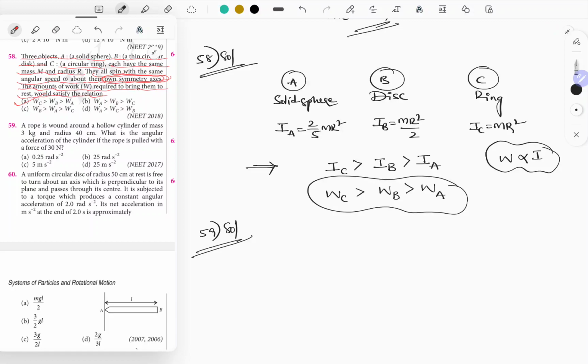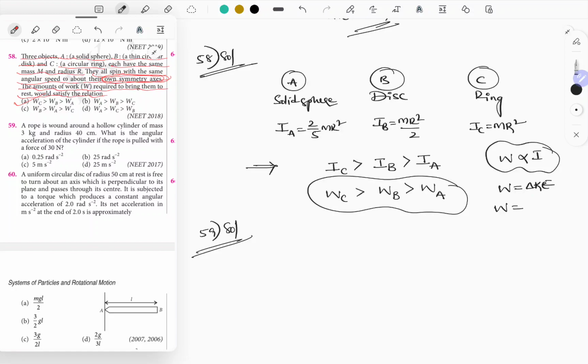If you have any doubt how W is directly proportional to I, we can use the work energy theorem. So work done is equal to change in kinetic energy, right? Final kinetic energy of the object is equal to 0, because we are trying to stop that object.